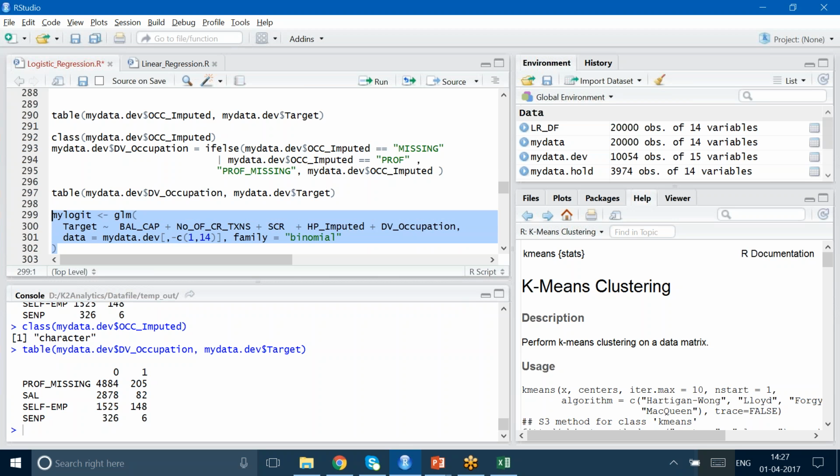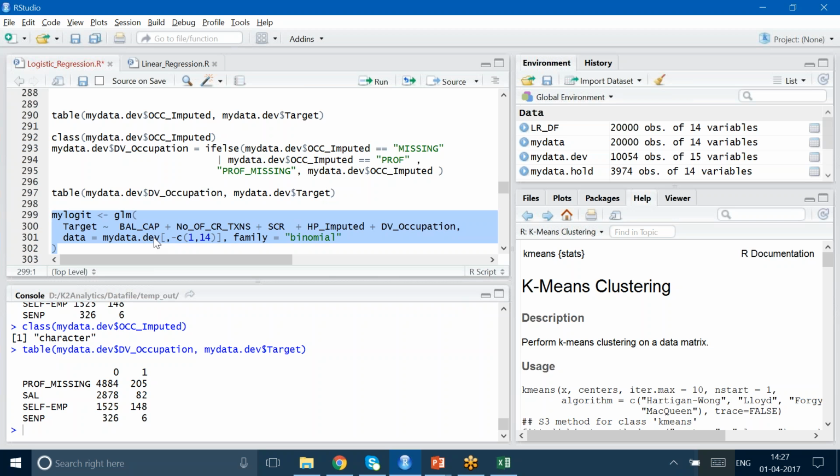And believe me, these practical back and forth will keep happening when you are building the model. You may sometimes make a change in the original data set, but you are building the model on a development sample. You have to remember that you have to make the changes on the development sample.